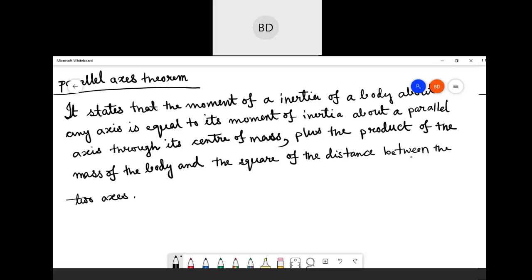So I is equal to I center of mass plus m r square.